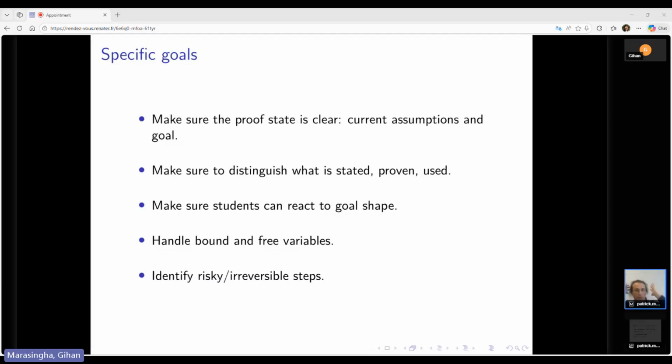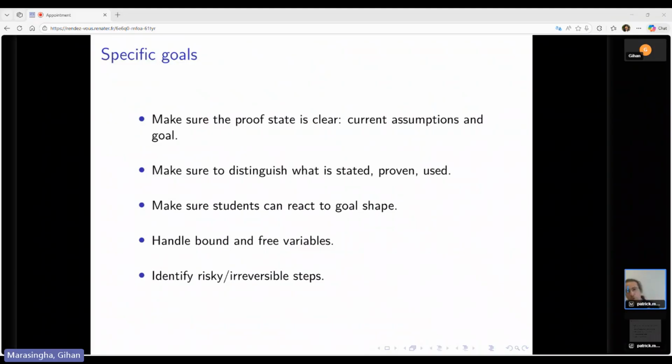So first, I want my first-year students to have a really, really clear picture of the proof state. The proof state, of course, is very familiar to people who use Lean, but on paper, it's not a concept that is visible at all. I like that Alex Kontorovich has a nice comparison about that. He says the way we teach mathematics is similar to teaching chess playing without using a chessboard, just by describing the moves in algebraic notation.